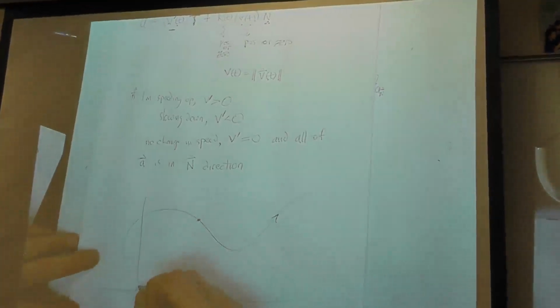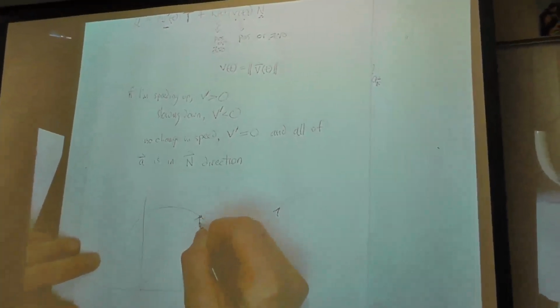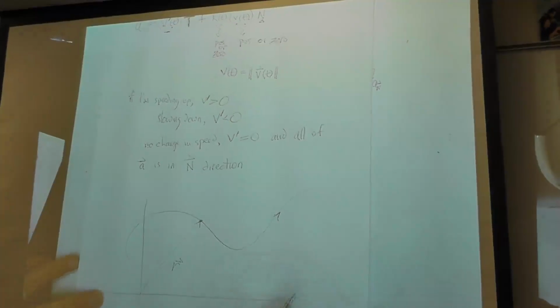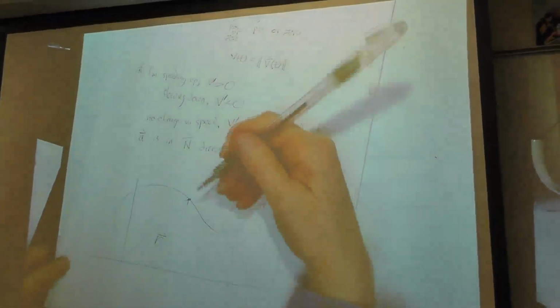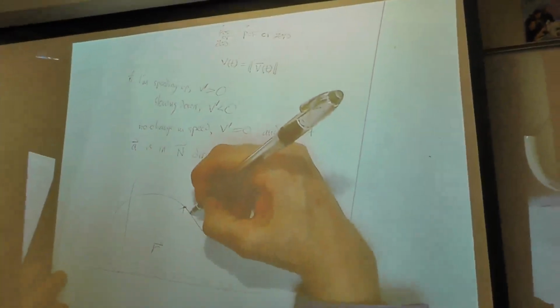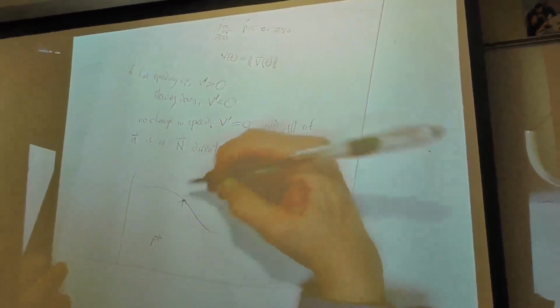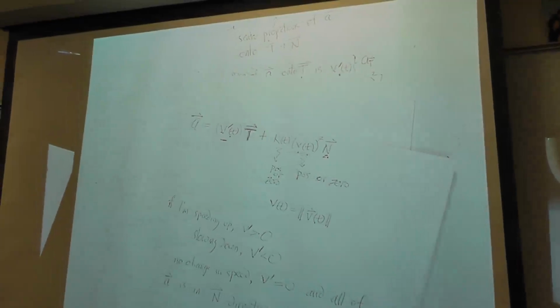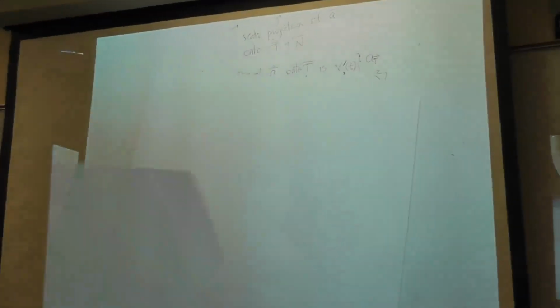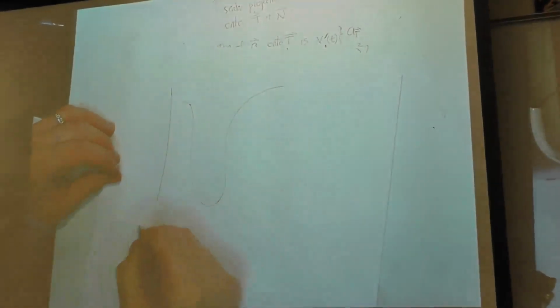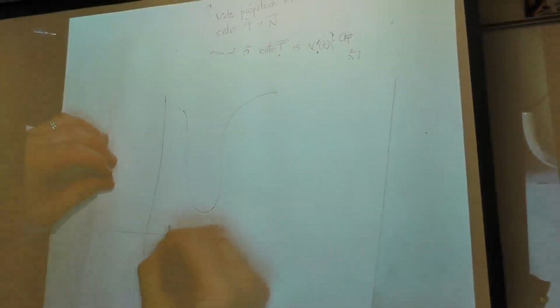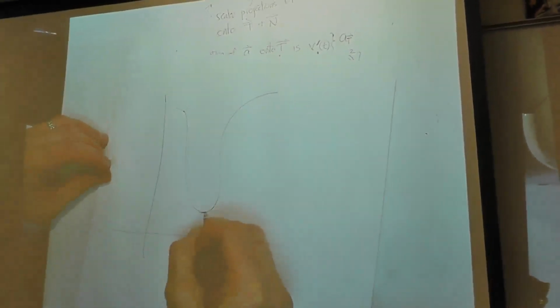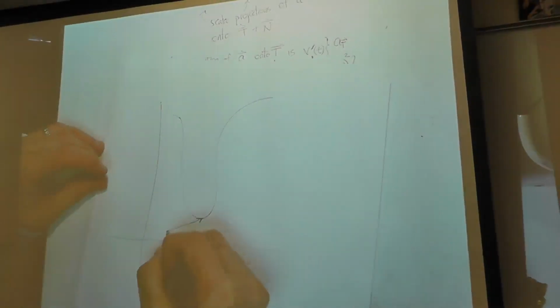If I look at a given R, and I have R prime, actually it's probably a bad picture to illustrate what's going on. So if I have a picture that looks like this, here's a given R of T.